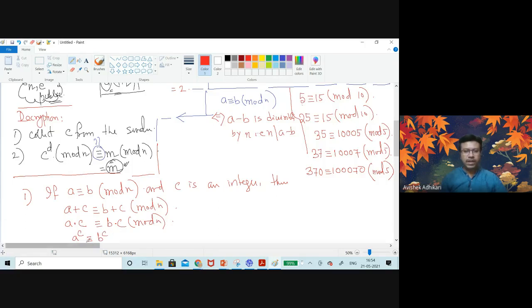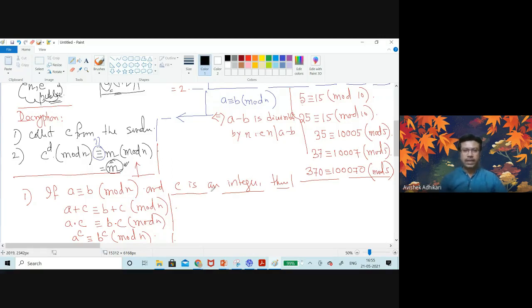So you can take a power on both sides, and the congruence still holds. And they are very much required in many places, especially to prove this. So this is the first observation. If you forget about it, please go through my previous lecture notes and lecture videos, where you will find all the details.